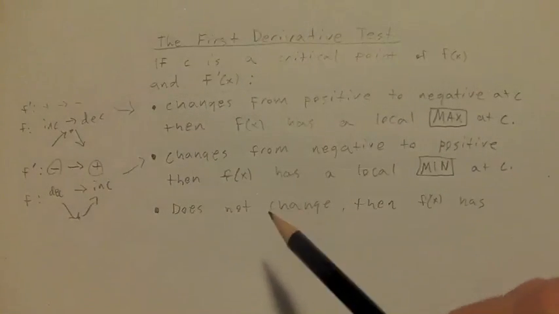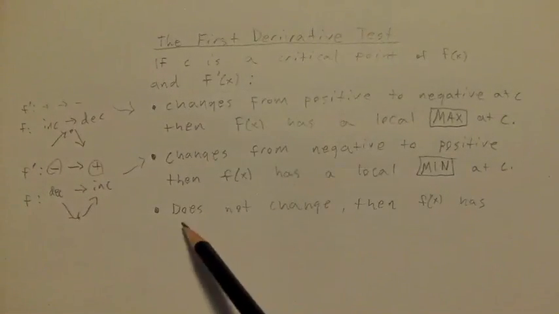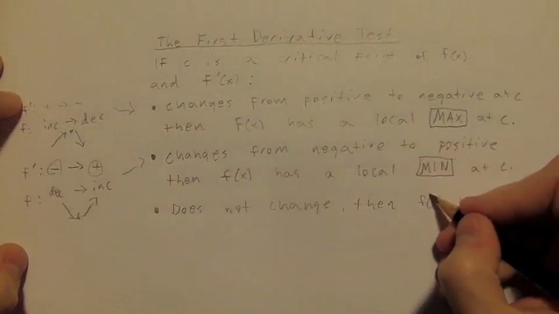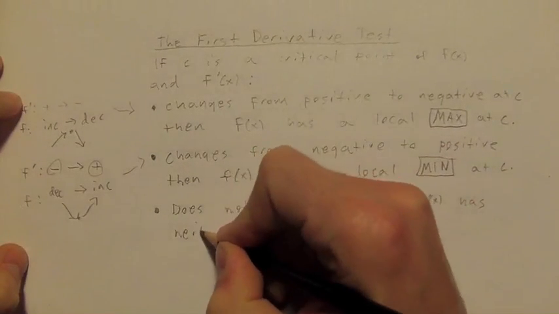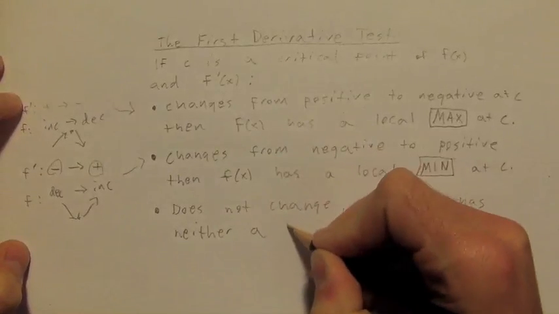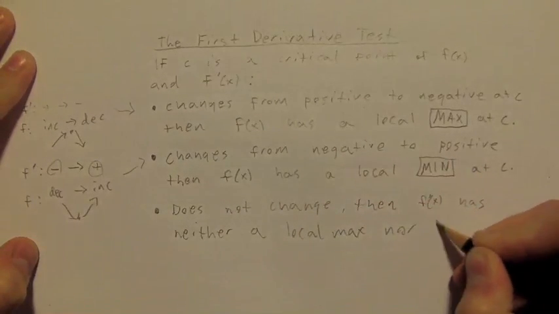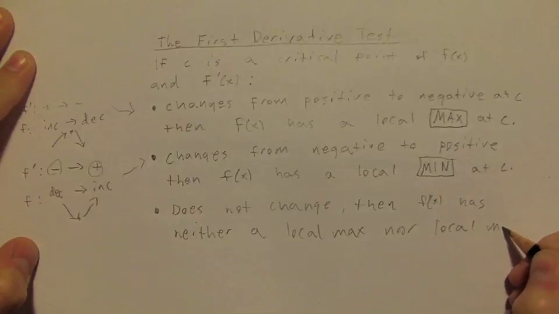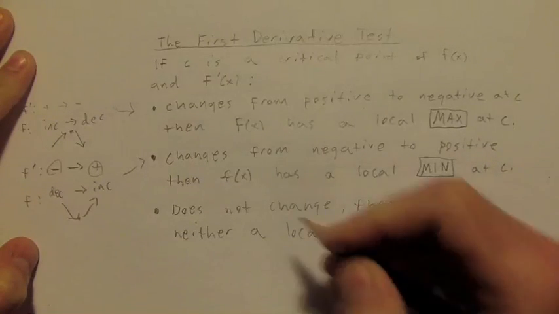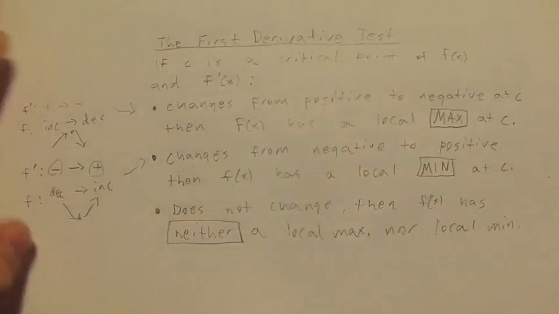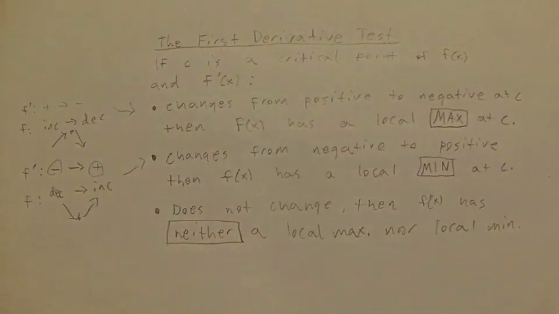Now let's say that f prime does not change at all, right? It goes from, say, positive to positive or negative to negative. Then f of x, we say, has neither a local max nor local min, right? That's possible. We saw an example of that last time, I believe, and we'll look at another example that deals with that here.